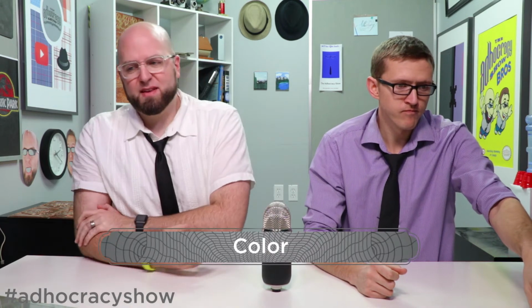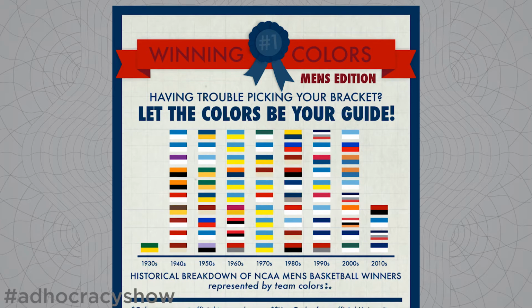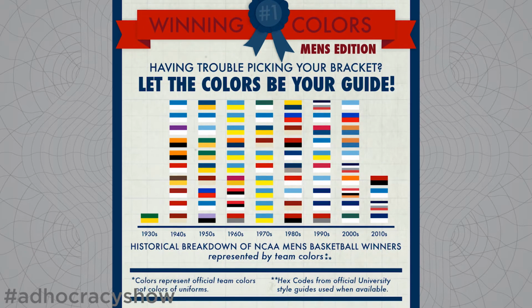Now, the first is actually color. This is interesting. Color isn't the best way, but it's not the worst. In fact, back in 2014, the YouTube channel Smarter Every Day did a breakdown of the most winning colors. The winningest color.